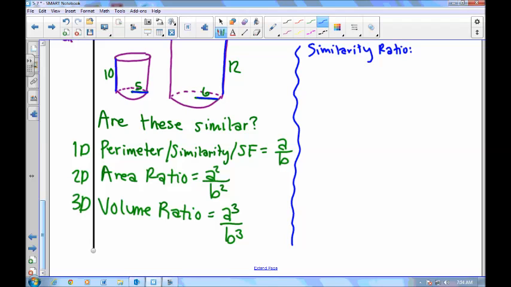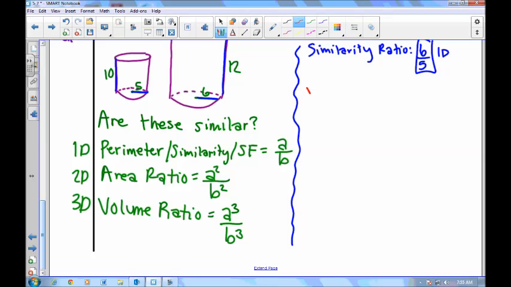Okay, so Joseph, can you get the ratio of the radii? Okay, we can do 5 over 6. I like to put the bigger one on top just in case it simplifies, 6 over 5, but they both technically work. Does this one simplify? It's kind of bad. No, it doesn't simplify.